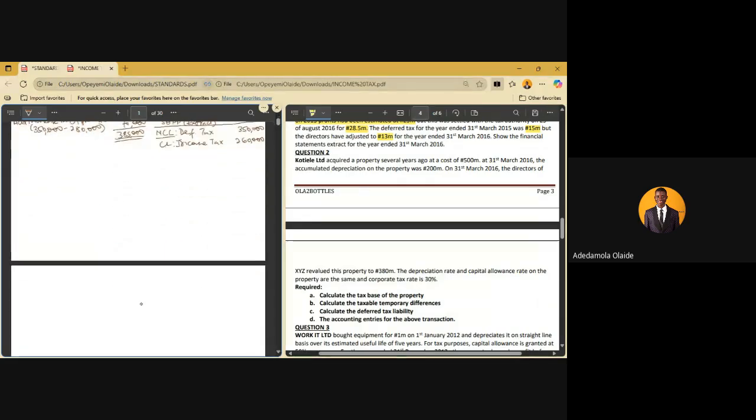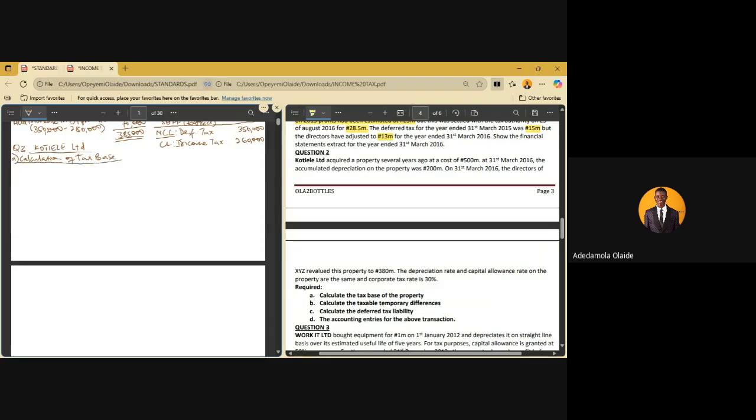Question 2, Kotiele Limited. A, calculation of tax base. How do we calculate tax base?